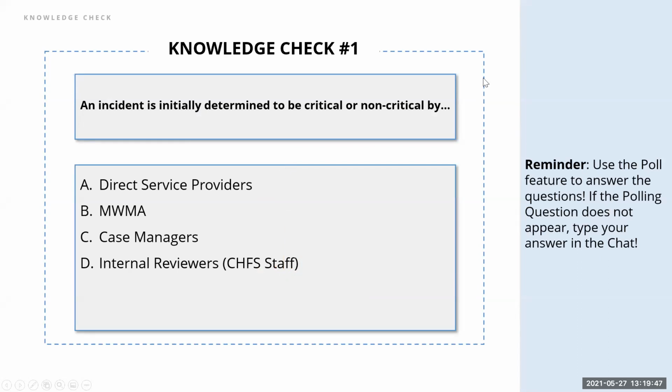Okay, we're going to turn to a quick knowledge check here. An incident is initially determined to be critical or non-critical by. I'm going to pull that up for you in one moment. Okay, should be on your screen now. Go ahead and answer. An incident is initially determined to be critical or non-critical by.